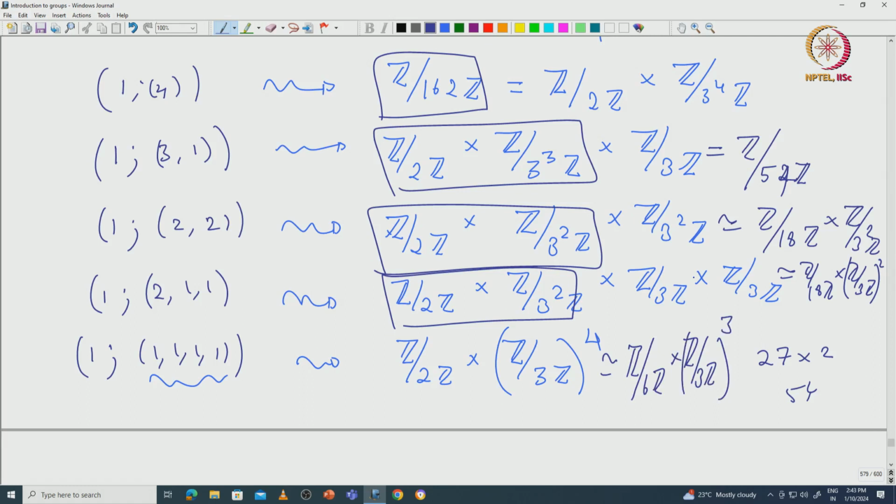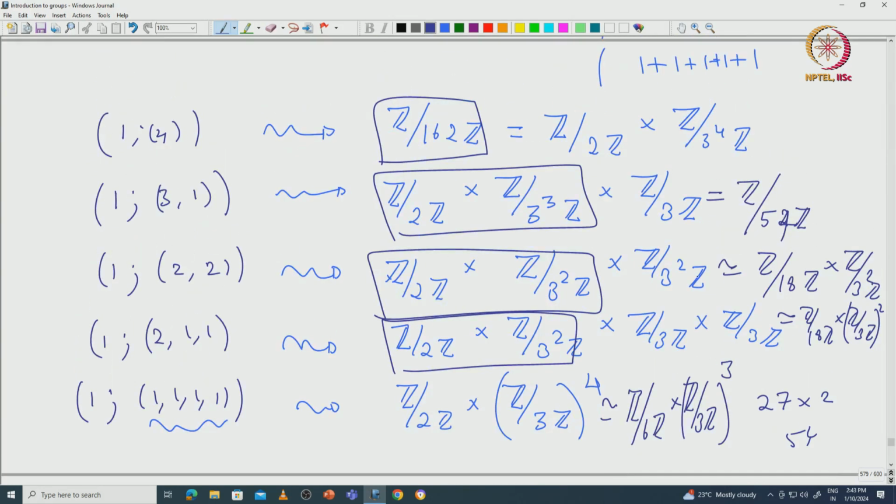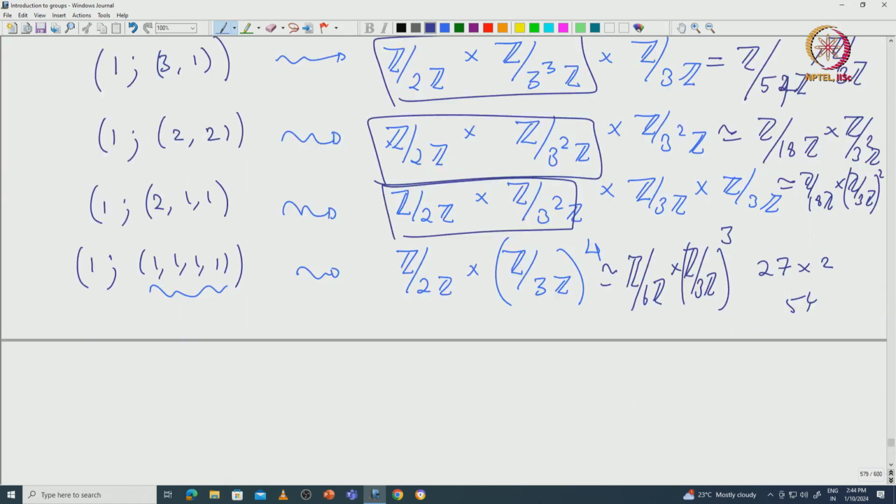Note that you have written all of them as a product of cyclic groups, but in a very specific order. It is in decreasing order, and the last component's number divides the previous component's number, and so on.